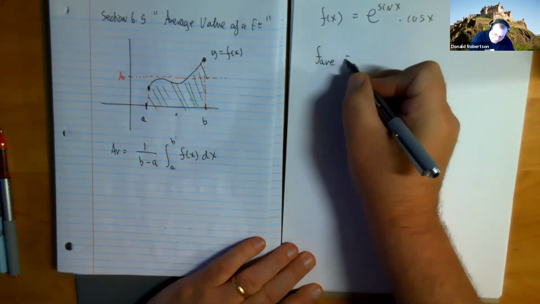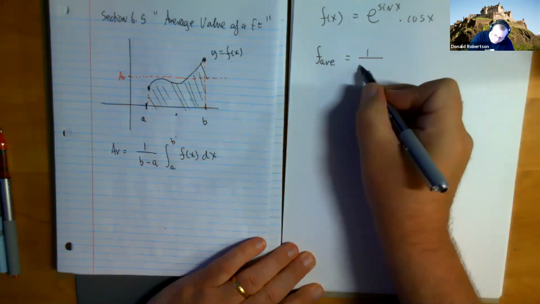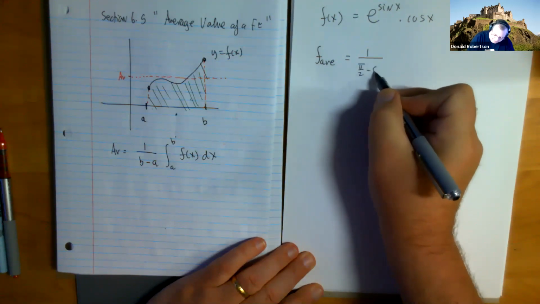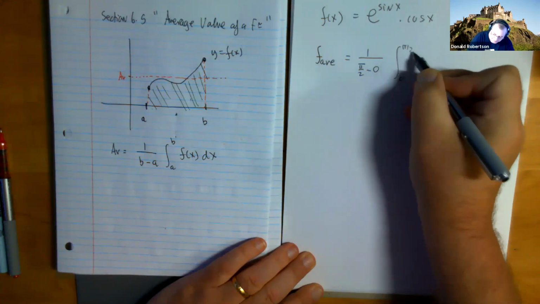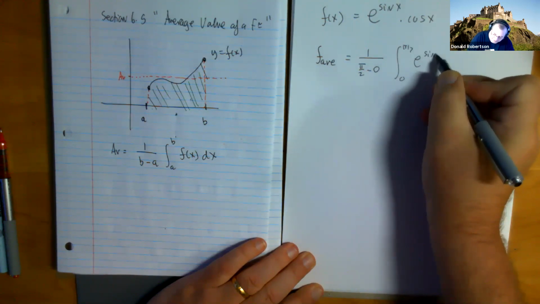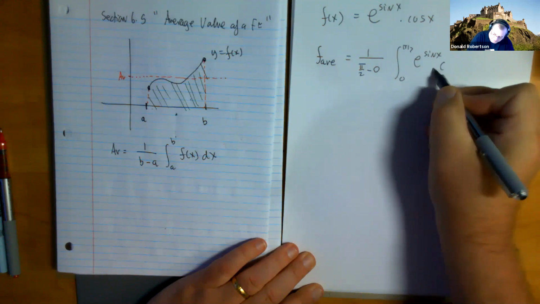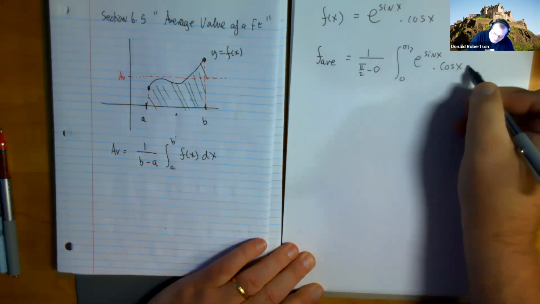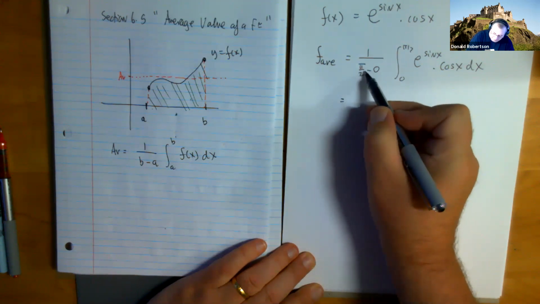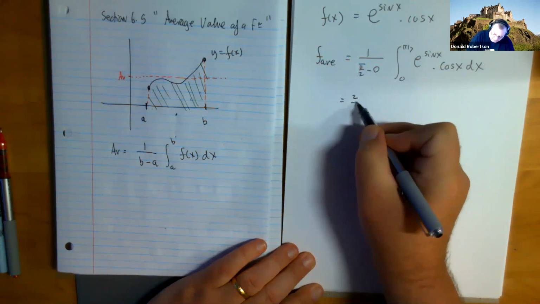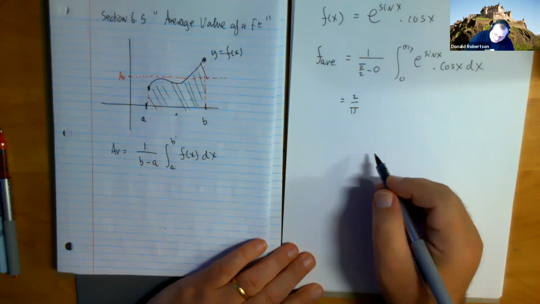So the average is 1 over pi upon 2 take away 0, the integral from 0 to pi upon 2 of this guy. Okay, pi upon 2 on the bottom is the same as 2 over pi. That wasn't much of an issue.